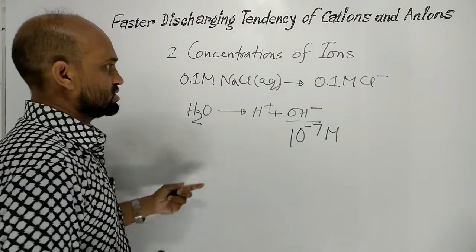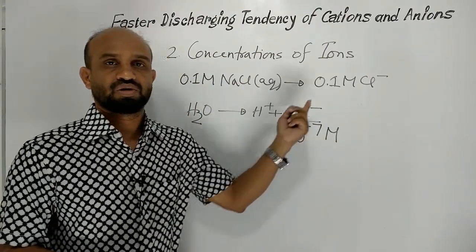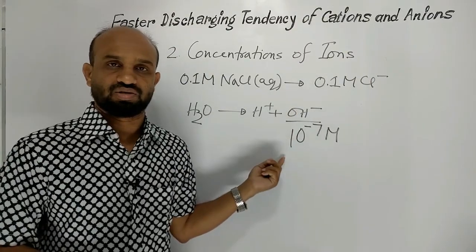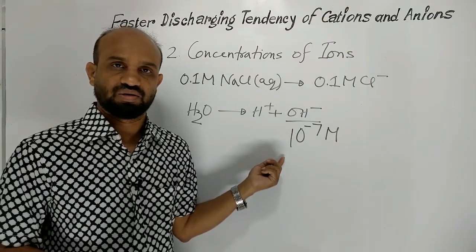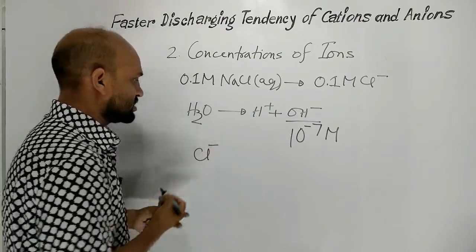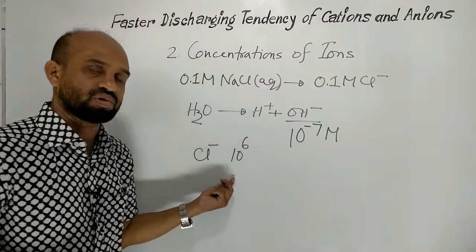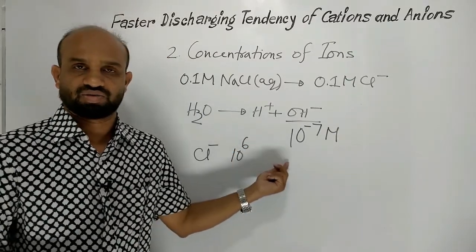That is, if we compare concentrations of chloride ion and hydroxide ion in the solution, then the concentration of chloride ion is 10 to the power 6 times larger than hydroxide ion.